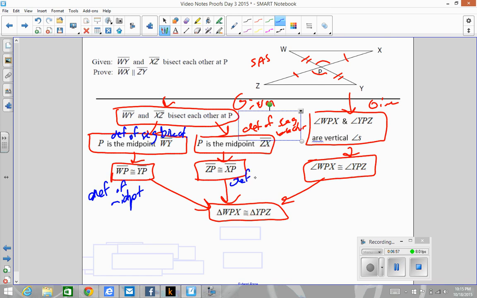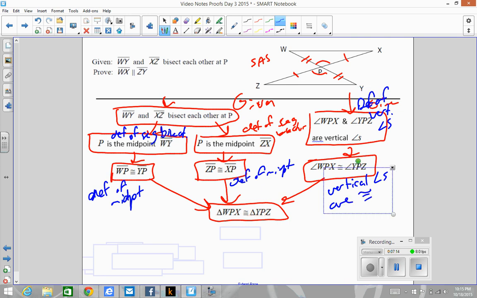Definition of a midpoint. Actually, this wasn't given. This is definition of vertical angles. And this is vertical angles are congruent. And then this was side angle side.